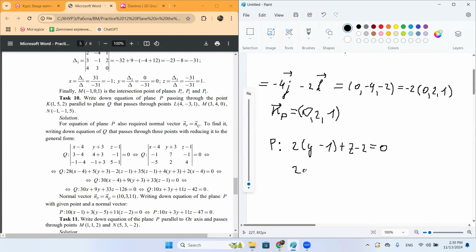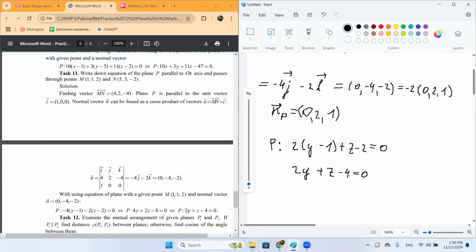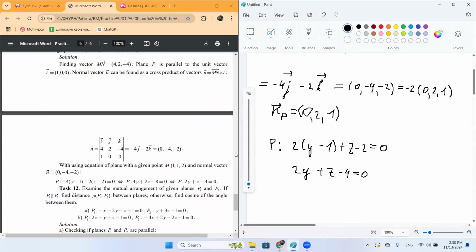And finally, 2y plus 0 minus 4 equals 0. Verifying, yes, 2y plus z minus 4 equals 0. So that's the final result.